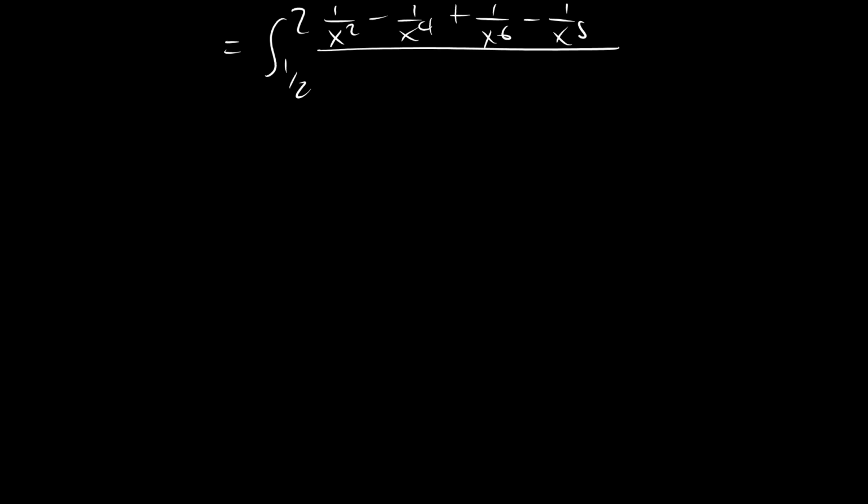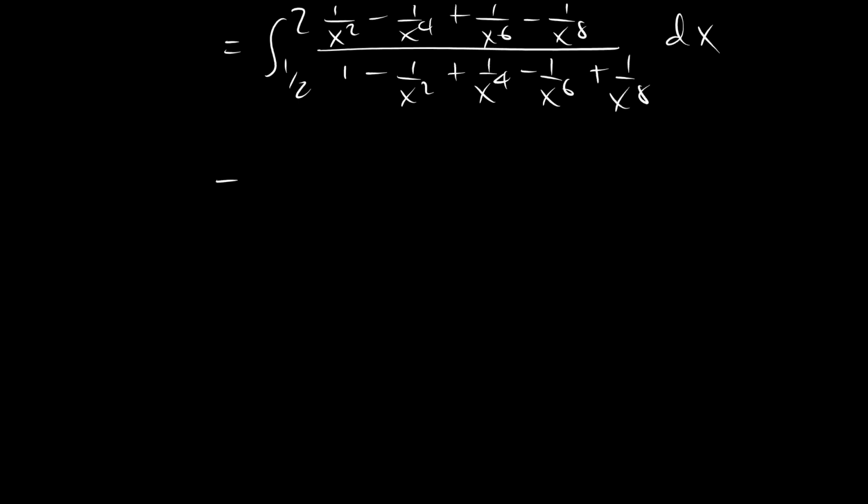But our problem is now this: 1 over x squared minus 1 over x to the 4th plus 1 over x to the 6th minus 1 over x to the 8th, over 1 minus 1 over x squared plus 1 over x to the 4th minus 1 over x to the 6th plus 1 over x to the 8th.